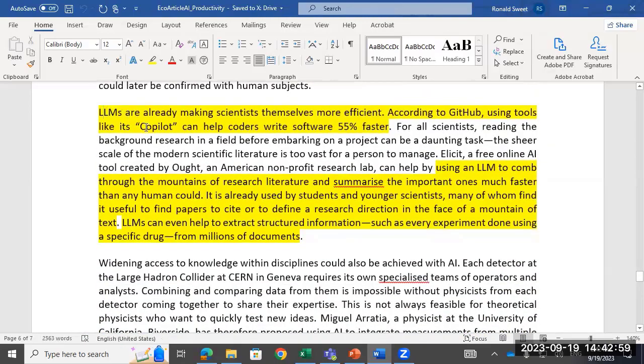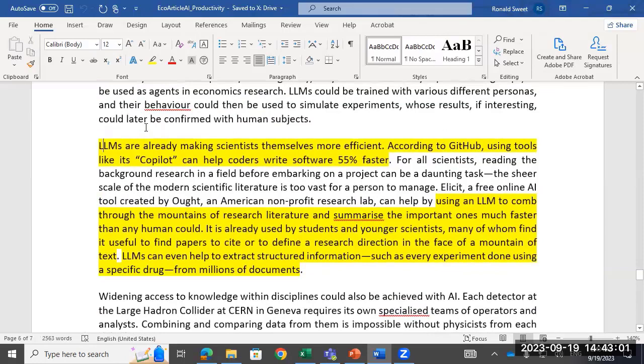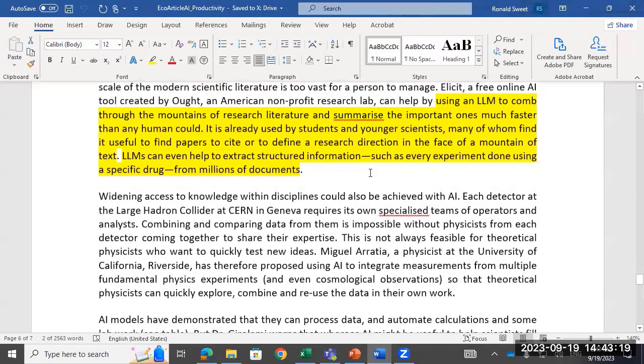With these language models, it's kind of interesting that we're trying to get AI to actually think for us, not just give AI a question, but AI figures out what questions should be asked. Pretty amazing. Using tools like Copilot can help coders write software 55% faster. I mean, y'all have friends that are computer science majors.